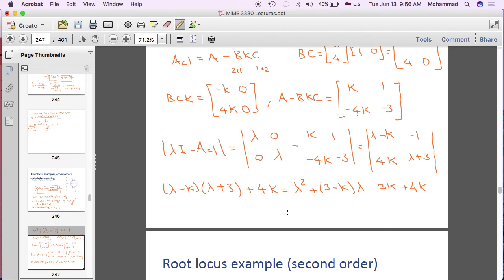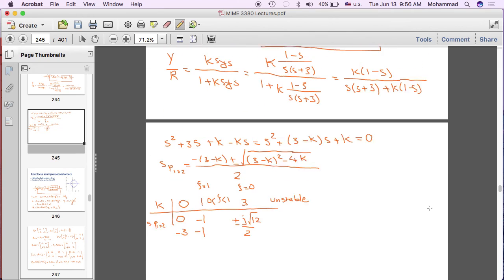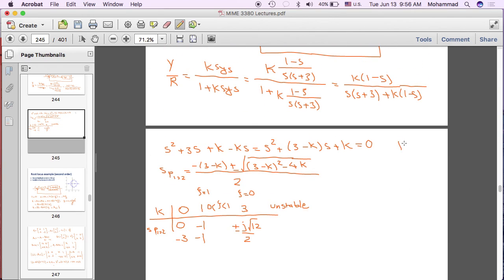If you simplify that, you get exactly the same equation. It's lambda squared plus 3 minus K lambda plus K equals 0. So this is equation 2, which is now identical to equation 1 that we got from the transfer function route.